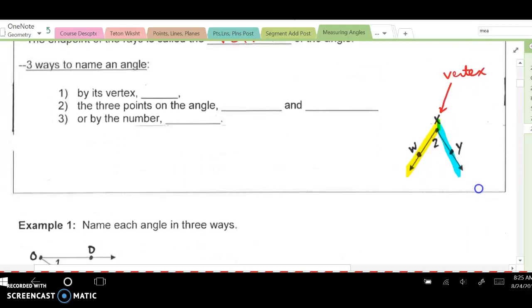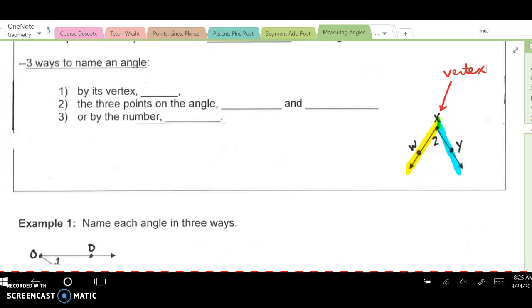And there are three ways to name this angle. You can name it by its vertex. You can call this angle X. You can name it by any 3 points on the angle. You need to always start with the angle symbol. So you could call this WXY, or you can call it YXW. Now be careful.